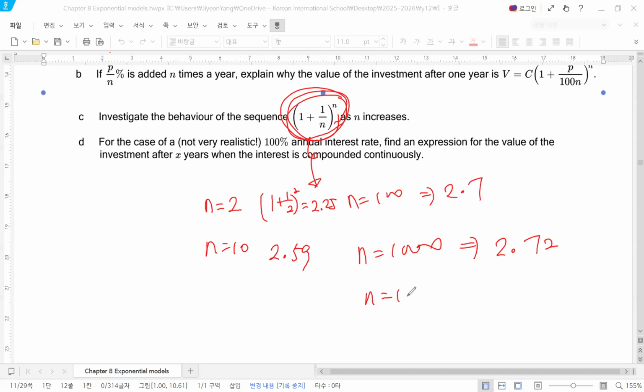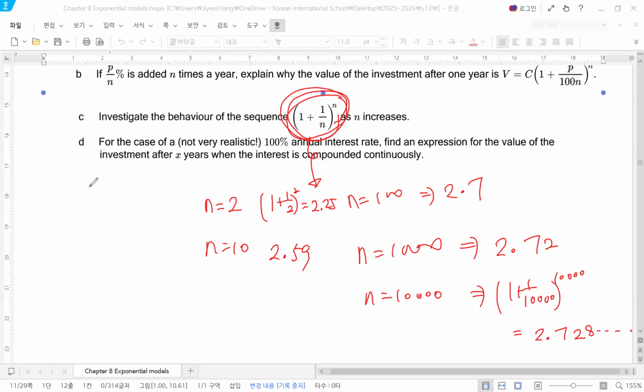When n equals 10,000, please calculate this value by using your calculator. Serena, Victoria, please help her. Please calculate (1 + 1/10,000) to the power of 10,000. 2.72728, right?